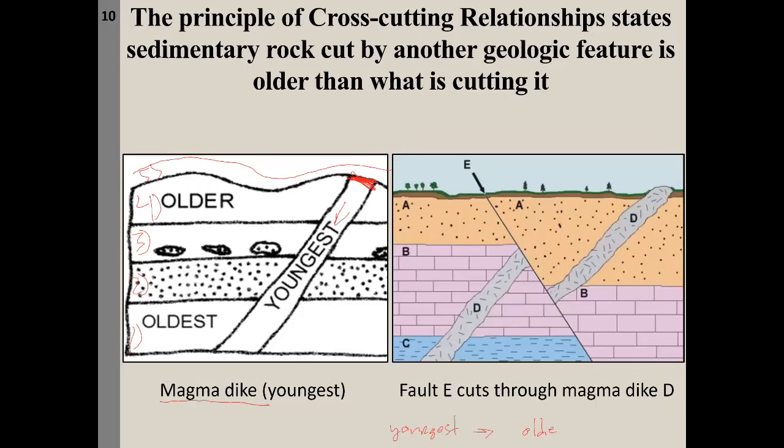Okay, well, oldest is going to be C. Okay, and then probably something like B, and then A, right? Law of superposition, oldest on the bottom, youngest on the top, and original horizontality. These all look great. Well, now we've got D and E. It looks like D goes all the way to the surface, and so does E, right? D goes to the surface, and E goes to the surface.